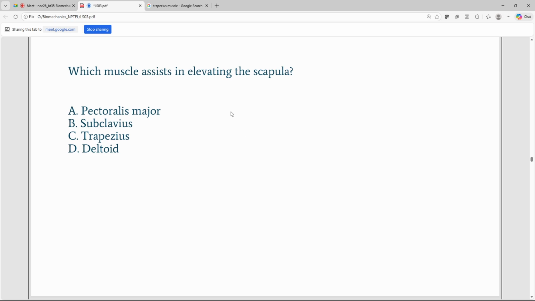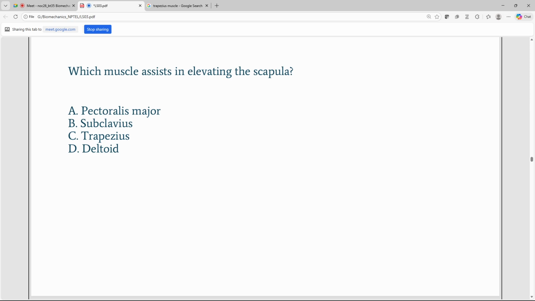Next question. Which muscle assists in elevating the scapula? Options are option A, pectoralis major, option B, subclavius, option C, trapezius, option D, deltoid.